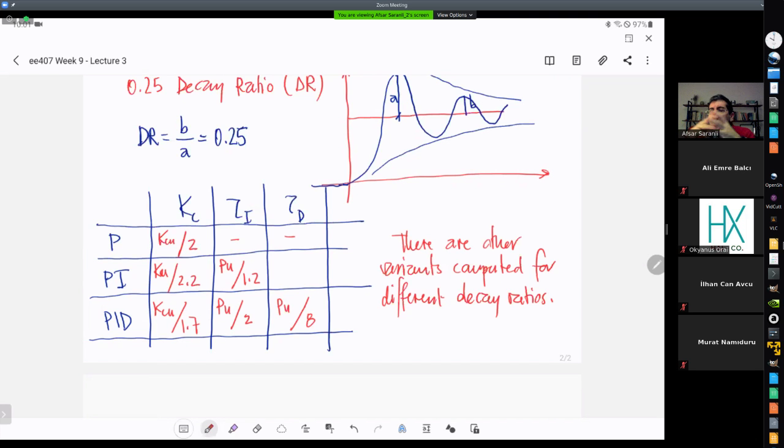But the Ziegler-Nichols method actually gives you a practical means of developing such a controller. Okay, so it's very easy to apply, but it also has some disadvantages as well. Now, do you guys have any questions at this point?